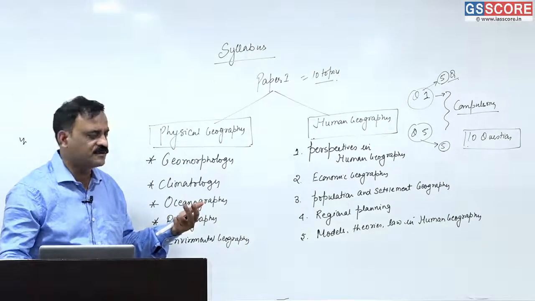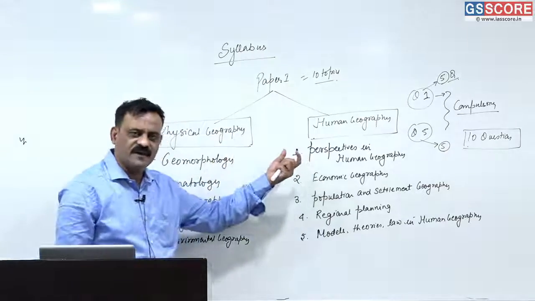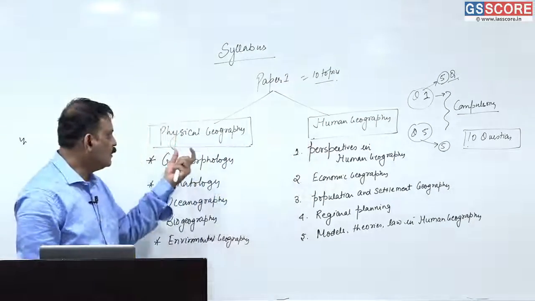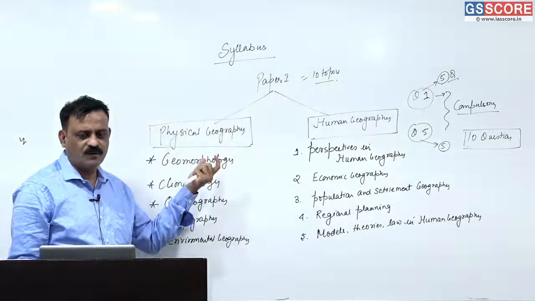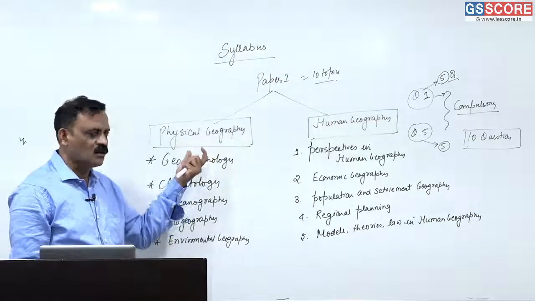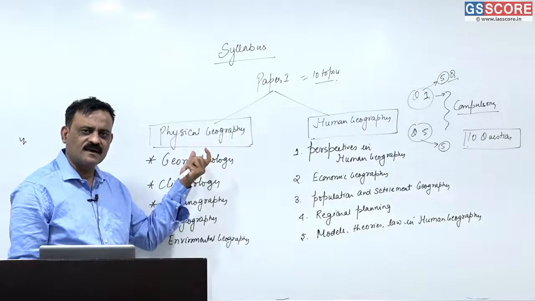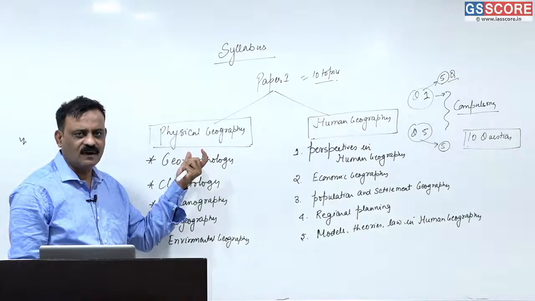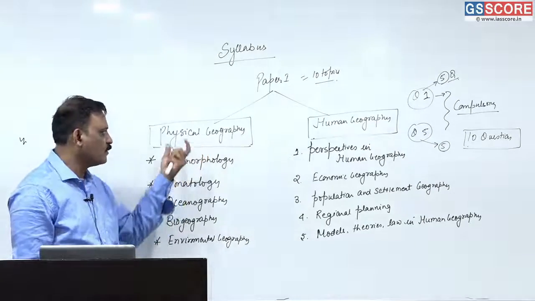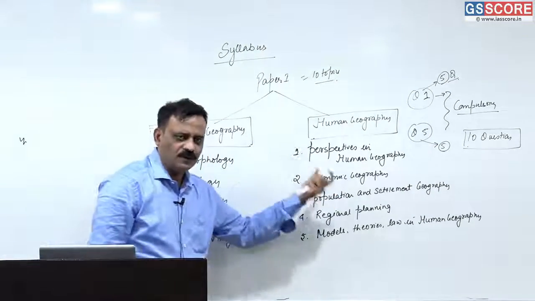So we study human geography from the perspective of human activities, and physical geography from the perspective of natural laws, meaning the laws which are part of nature and determine the nature of the earth's surface.